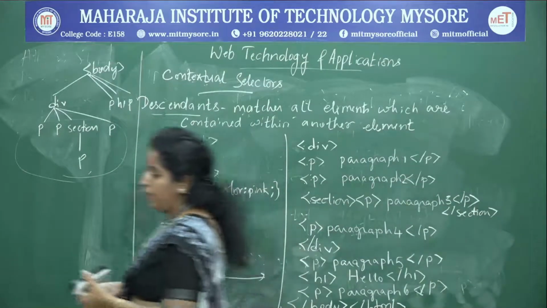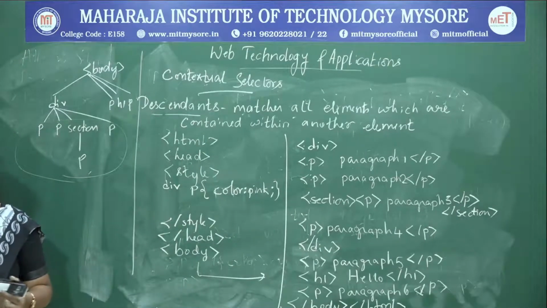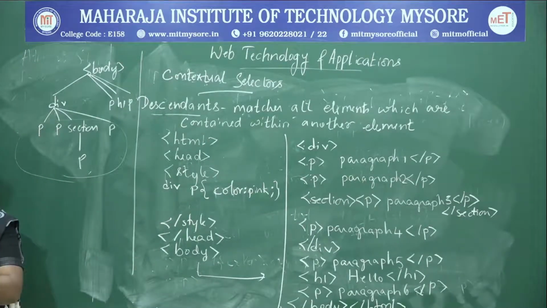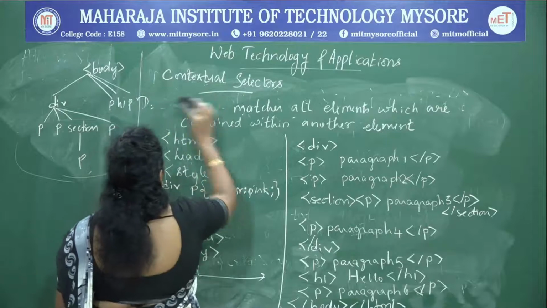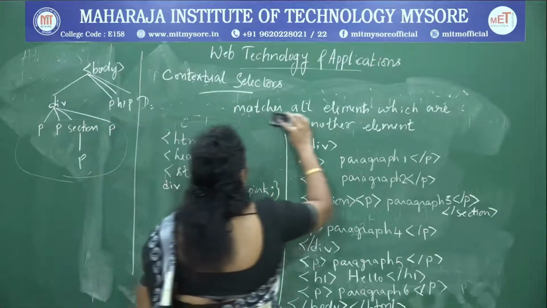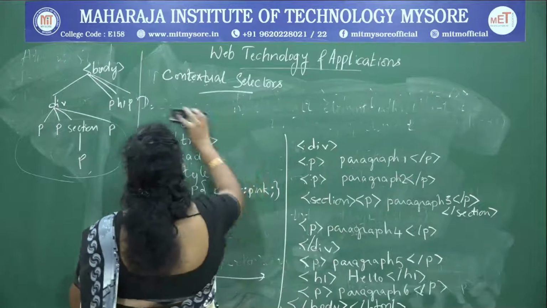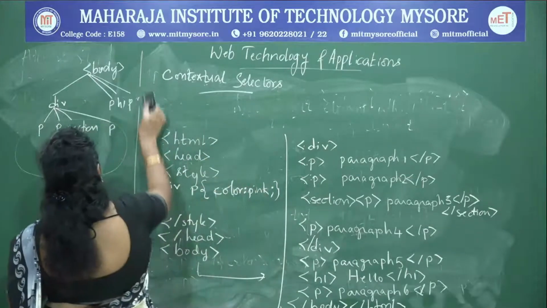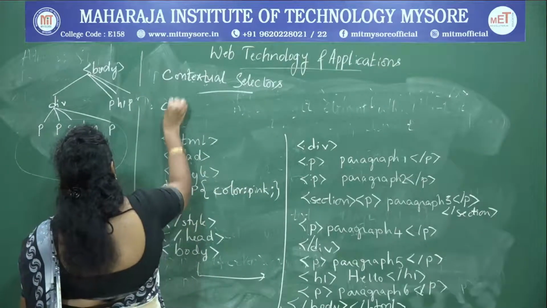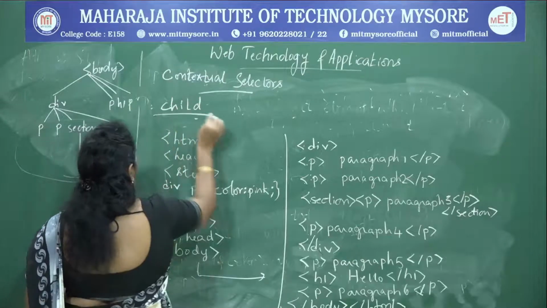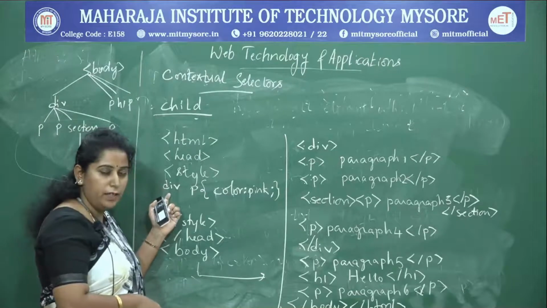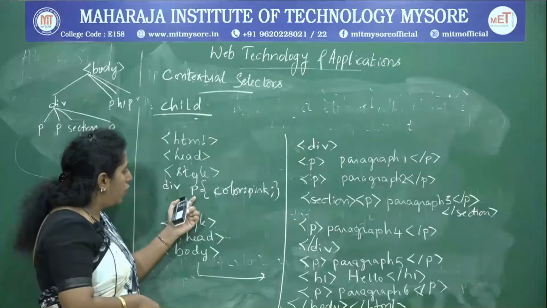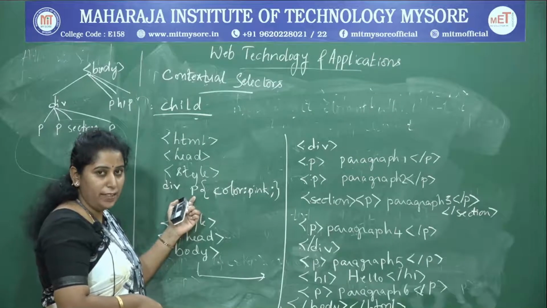So next is about child. The next type of contextual selector is child. What it does means, when you specify a parent or an ancestor, here you are going to specify a child.